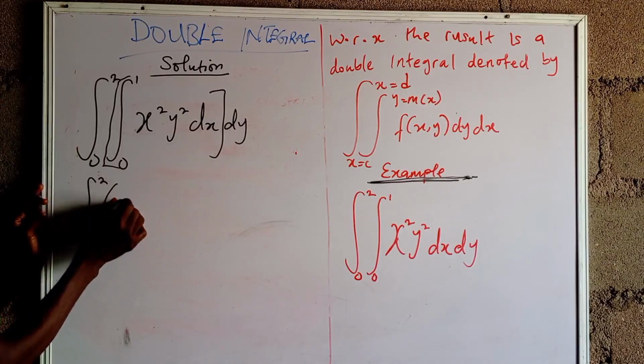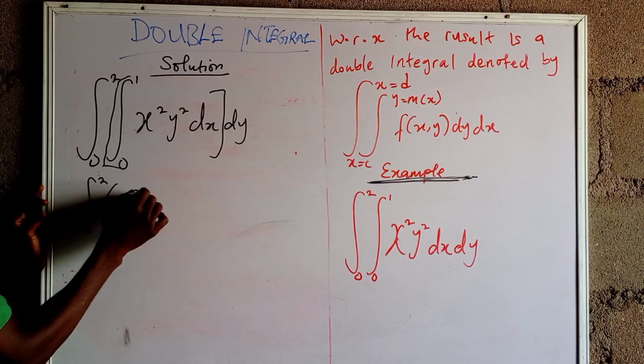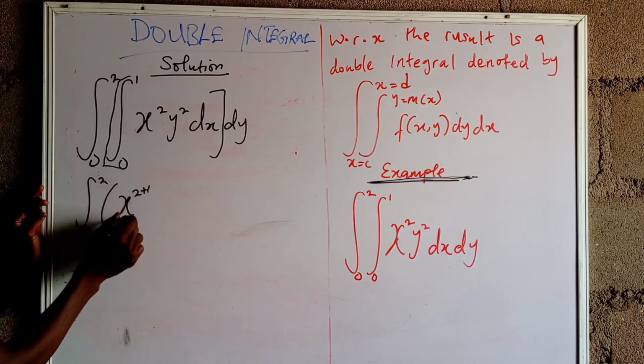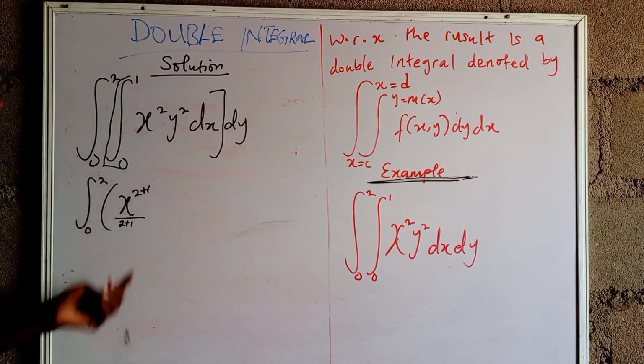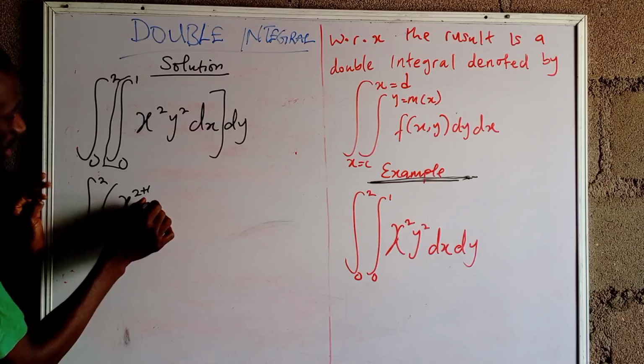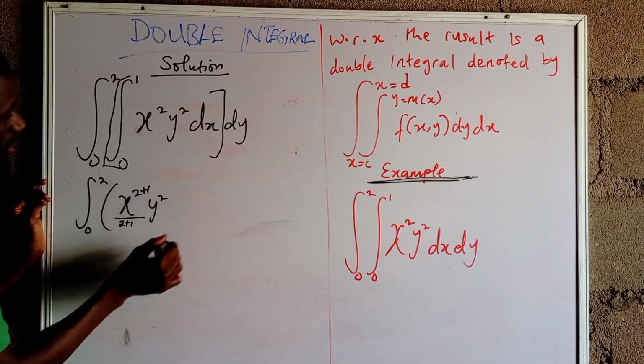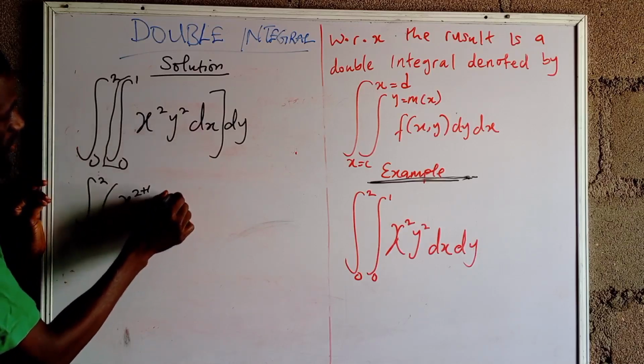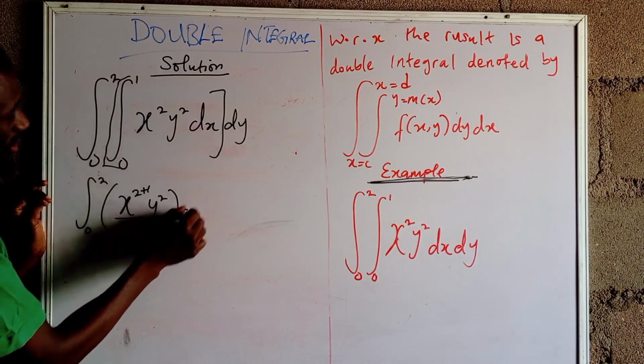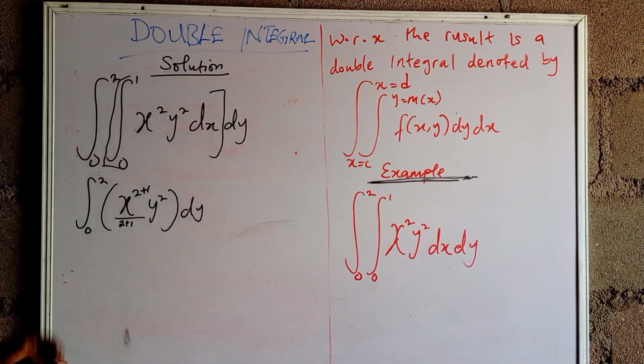By integrating x, we add 1 to the exponent, that is 2 plus 1 all over 2 plus 1, which is 3. We keep y constant and take dy outside.